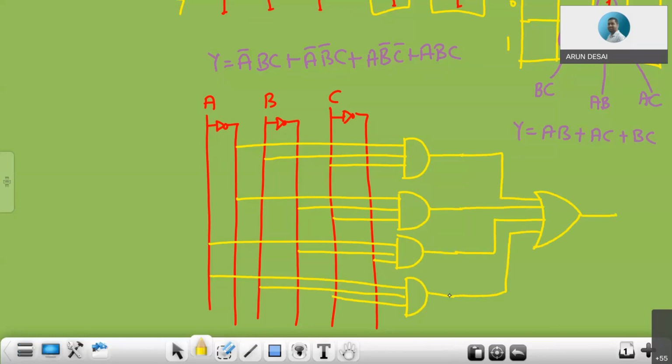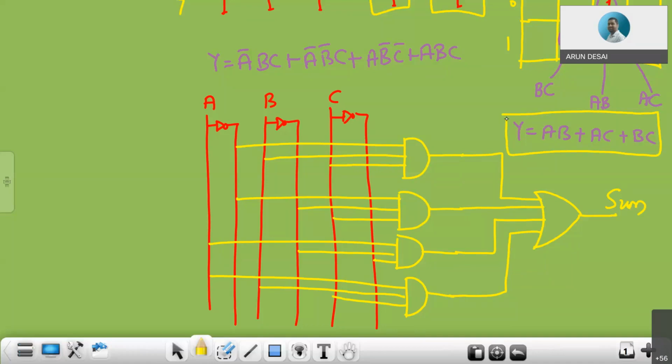So this is how the circuit looks for the full adder, right? You can draw the circuit like this for carry as well, right? So I'll give you 2 minutes. Try to draw this circuit for this expression directly.